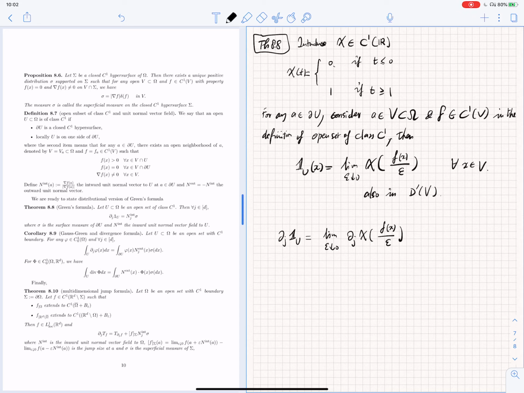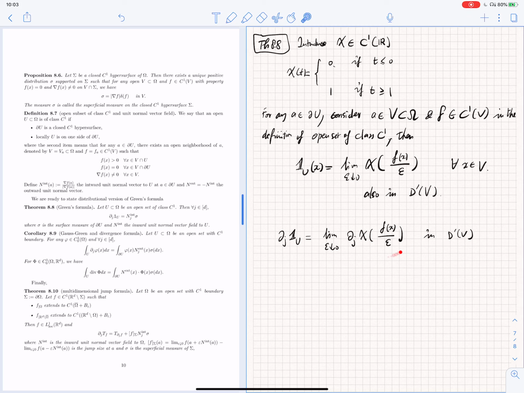So this limit is in the sense of distribution. If we take a partial derivative, we also have a convergence, and it converges to the partial derivative of the limit function we have. So it remains to consider this partial derivative.